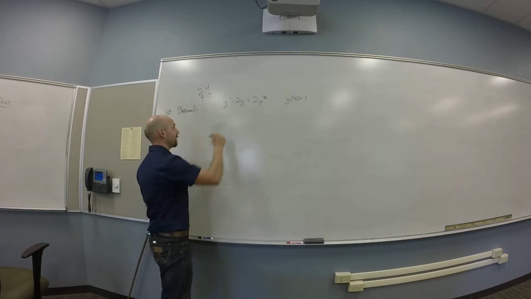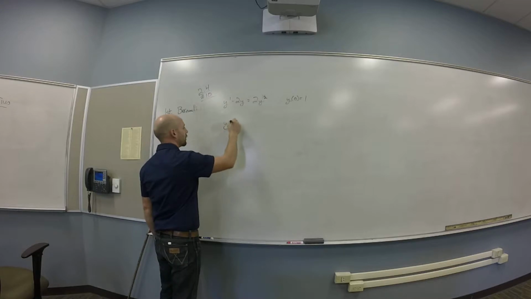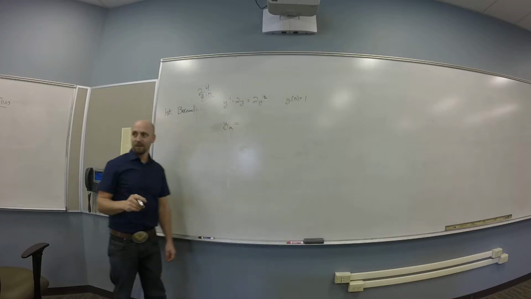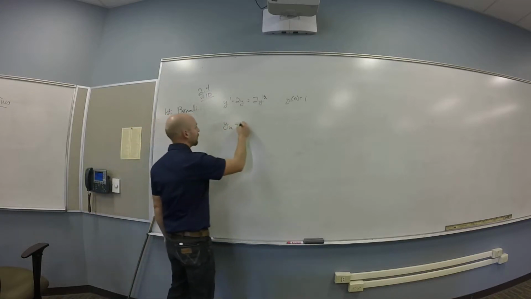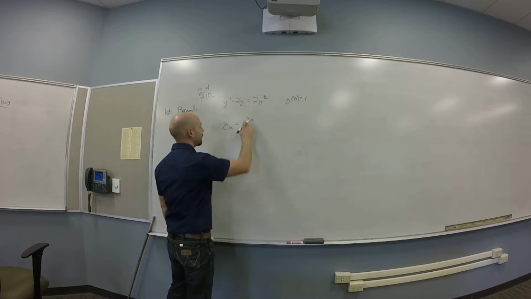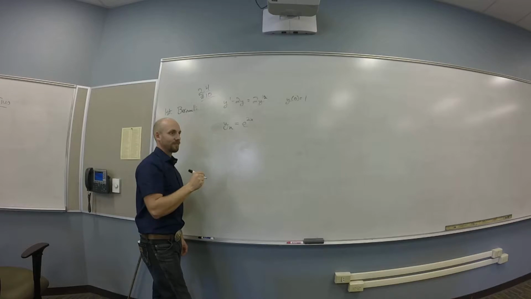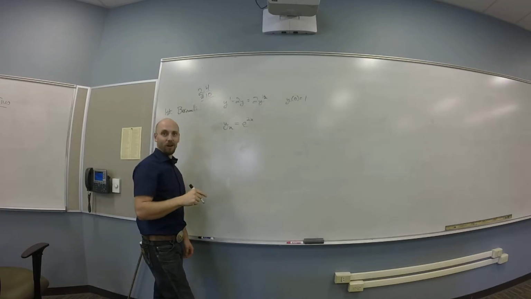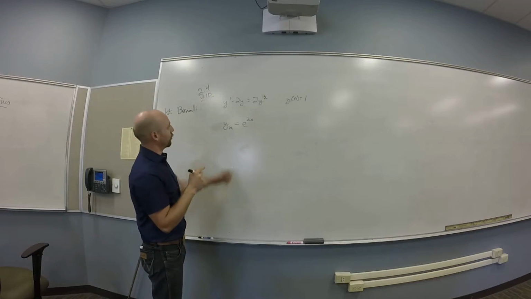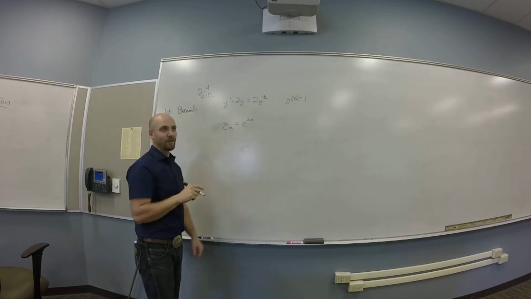So what's your homogeneous solution to this thing? e to the 2x? Yeah. And then I could check that by taking y homogeneous prime and shoving it in the homogeneous version and getting 2e to the 2x minus 2e to the 2x.